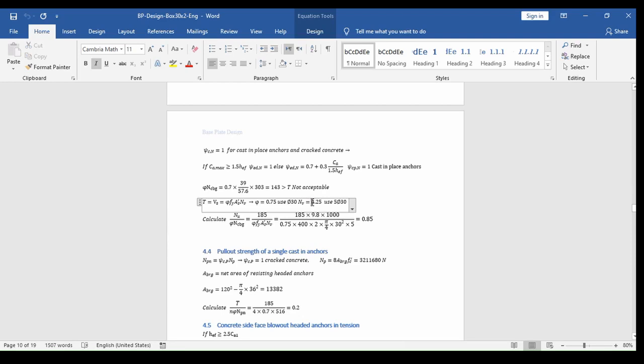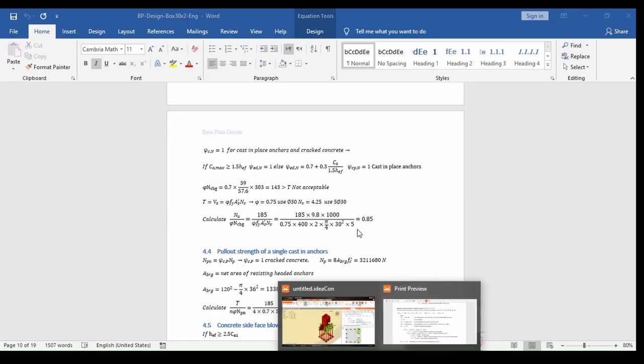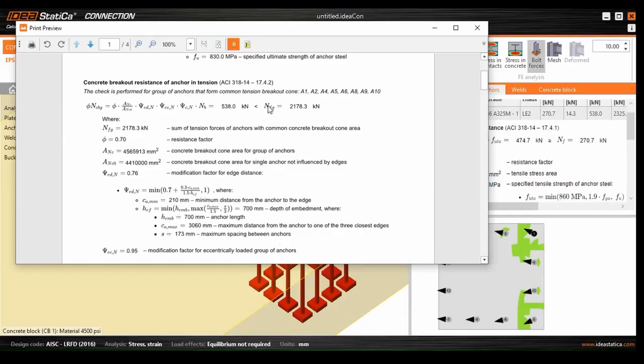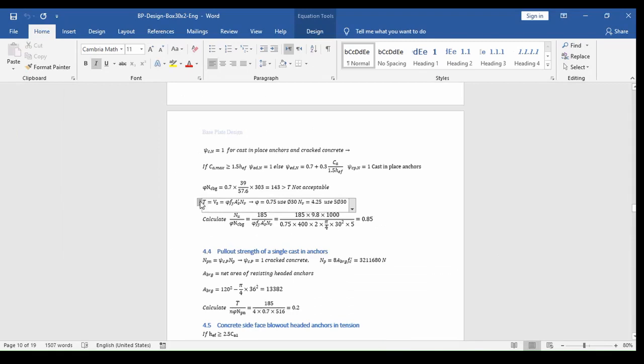And Nv is 4.25, and we can use, for example, 5 of the V30. But keep in mind that you have to use Ncbg here as T or Vas.